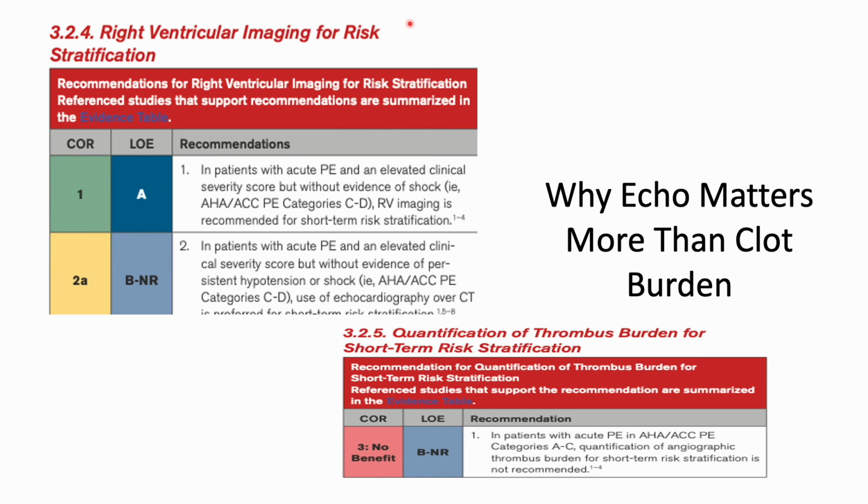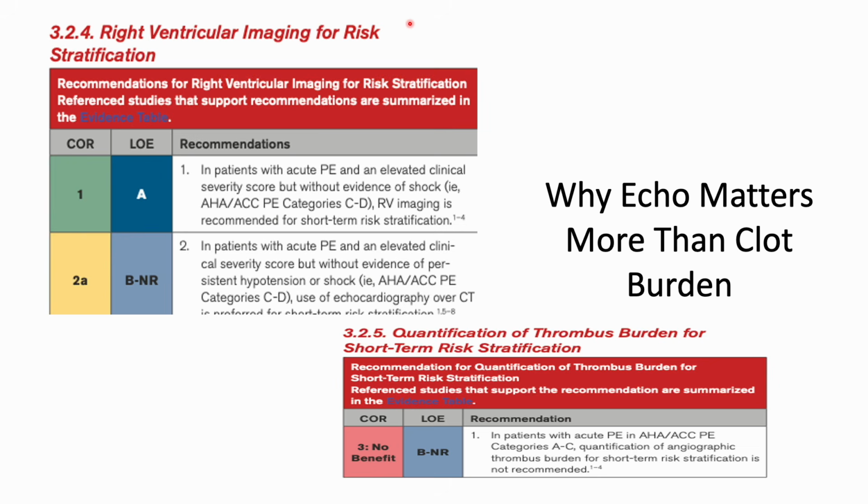And for patients with an elevated clinical severity but no shock, like our patient, the use of echo over CT is preferred for short term risk stratification. Echo over CT burden. So, CTPA is essential for diagnosis, but we are not talking about the clot burden. We are talking about echocardiography being preferred for short term risk stratification.